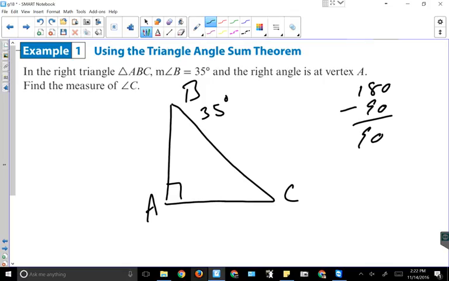Now, one of the things that's easier to deal with is whenever you have a right triangle, you really only have to worry about the 90-degree part. So the 90 degrees comes off right away, and I've got 90 left. Subtract off 35, and I'm left with 55 degrees, correct? That's all that this is, 55 degrees. So what's that?